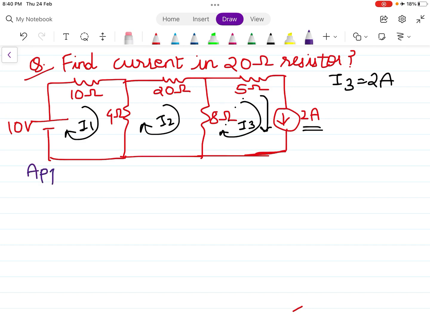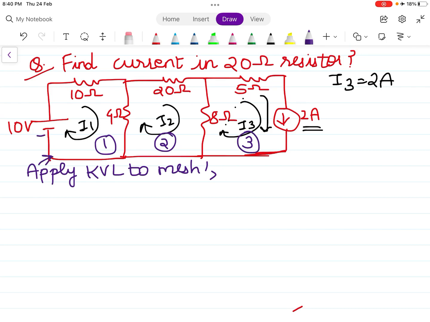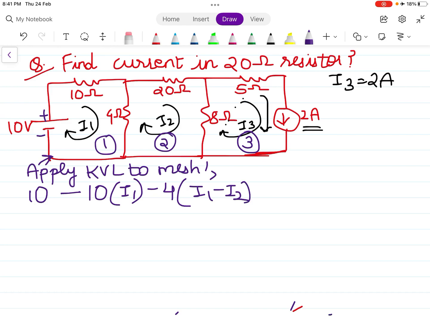Then I will apply KVL to mesh number 1. This is my mesh 1, this is my mesh 2, this is my mesh 3. I am applying it from here. Negative to positive plus 10. Voltage drop is assumption, so minus 10 I1 minus 4 (I1 minus I2) equal to 0.